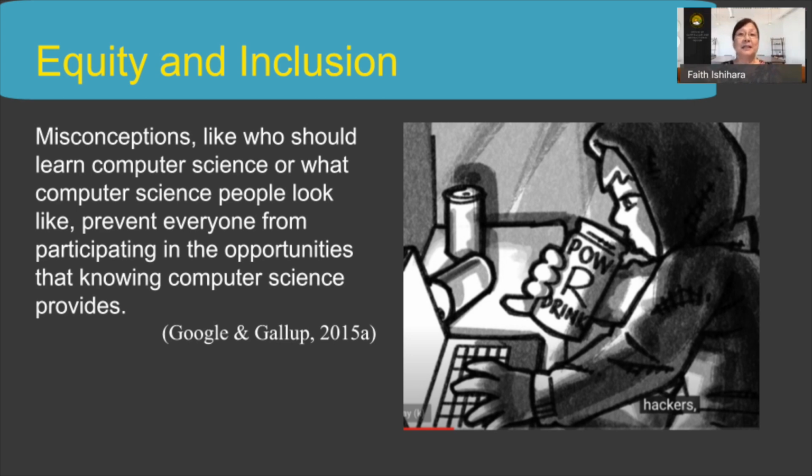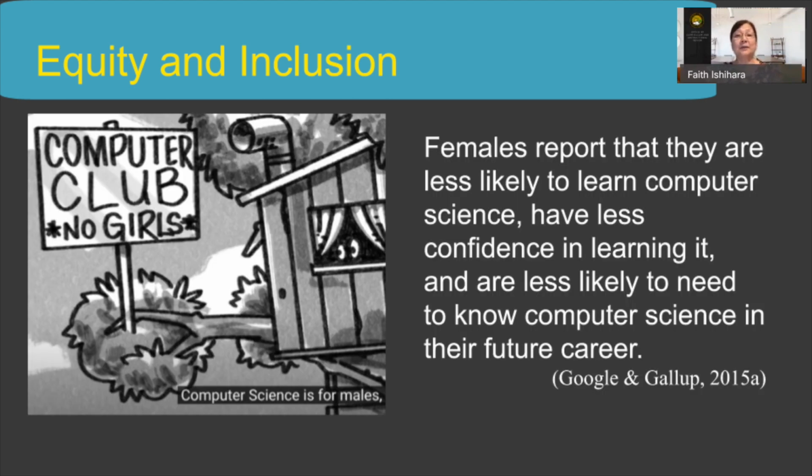Although most Americans believe that computer science is as important to learn as reading, writing, and mathematics, and most parents want their child's school to offer computer science learning opportunities, there are stereotypes and misconceptions like the ones we saw in the opening video that limit students' perception of themselves learning computer science. So even females report that they are less likely to learn computer science, have less confidence in learning it, and believe that they are going into future careers where computer science is not required.